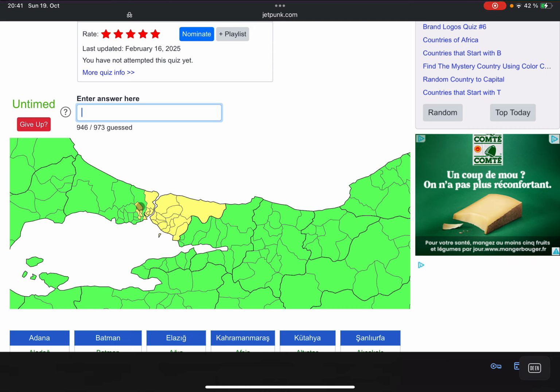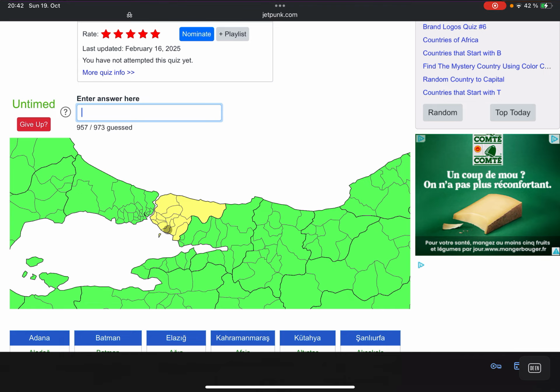So this should be Sultangazi, Gaziosmanpaşa, Bayrampaşa, Esenler, and Güngören. And then the only few districts left on the European side are Fatih, Beşiktaş, Kağıthane, Şişli, Beyoğlu, and Sarıyer. So that basically makes up the European part of Turkey.